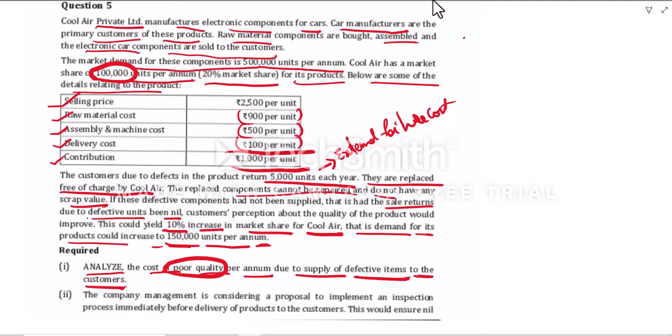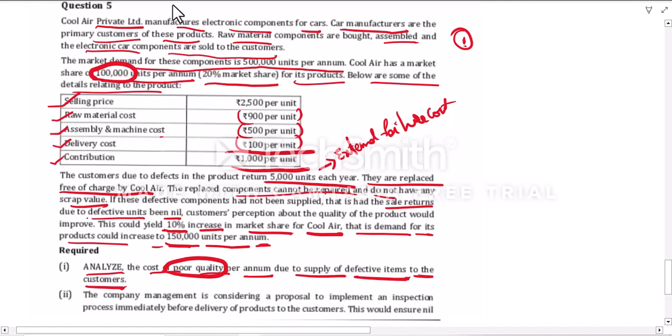So first, what are the costs? First, 5,000 units they are replacing. So for replacing, how much will it cost them? Total 900 plus 500. No, again they have to deliver. Again they need raw material, assembling cost, everything they need.